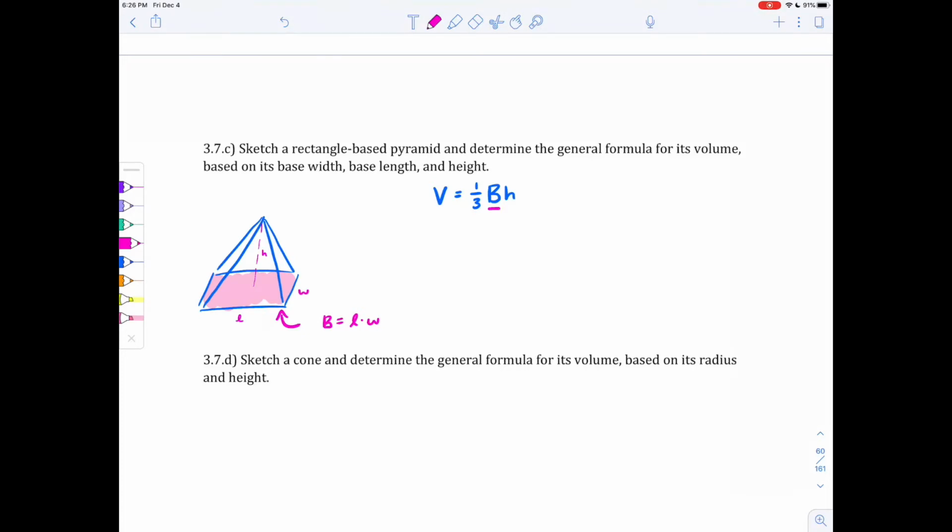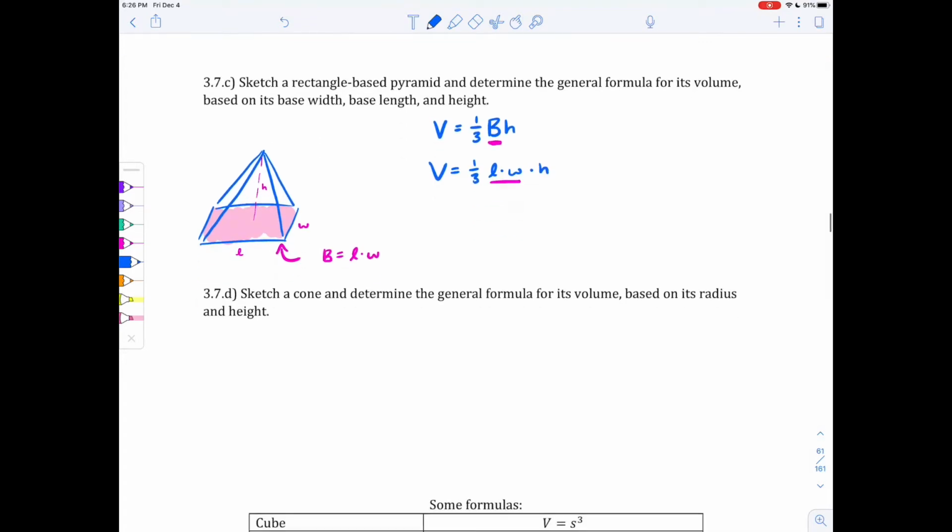So if we wanted to replace that uppercase B, that area of the base, we could replace it with length times width. And of course, we still have height. So this would be a more specific formula for volume of a rectangular-based pyramid. And once again, similarly, we can look at a cone. A cone is like a pyramid with a circular base.